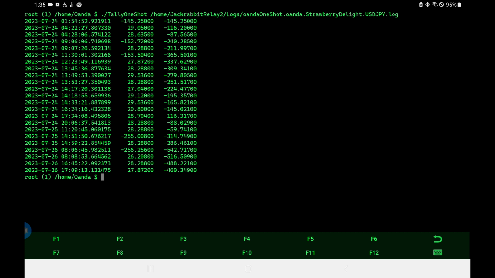Right now you're looking at 18 profitable trades versus 5 losses. That is a win rate of 78%. That means this strategy is successful. But right now, it is not profitable.